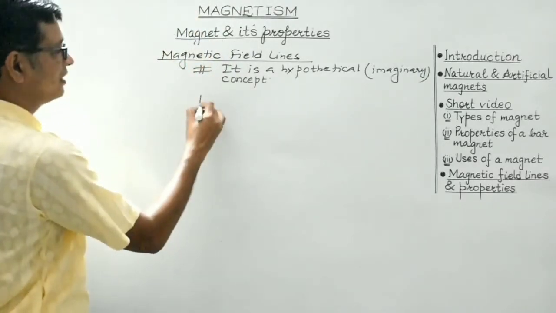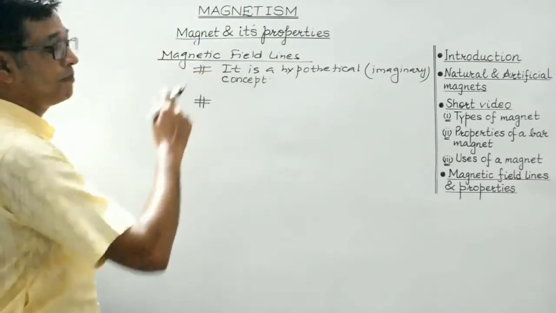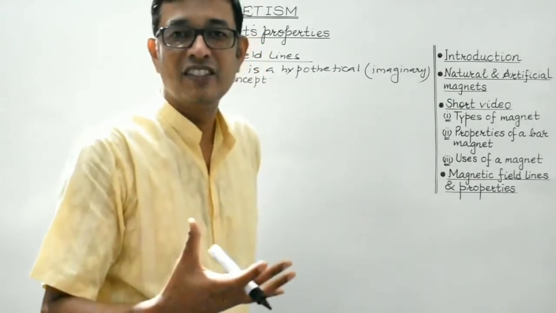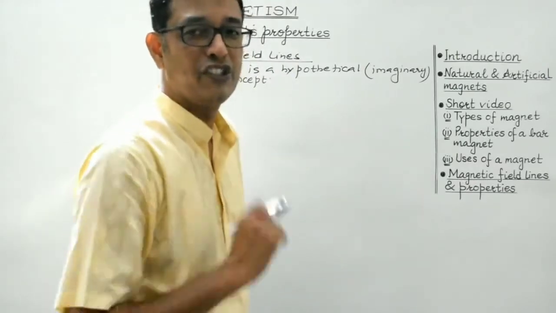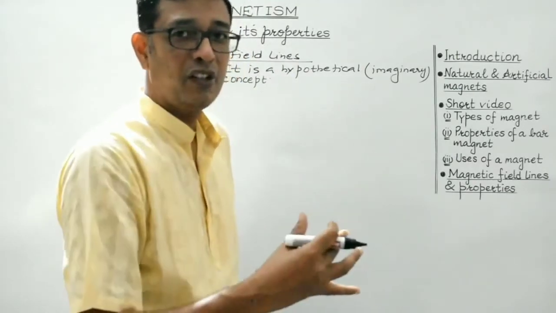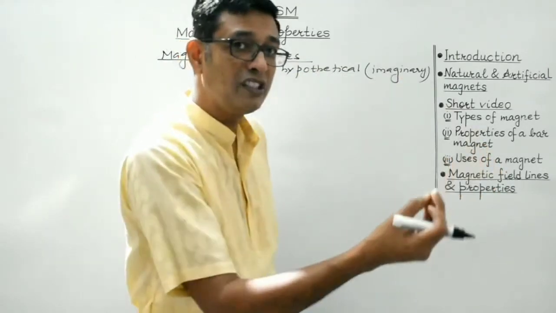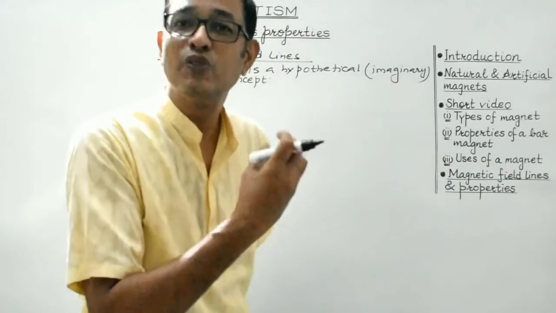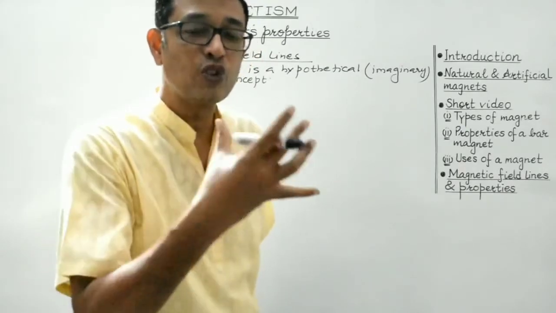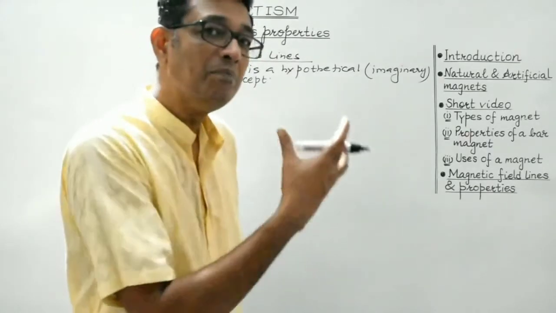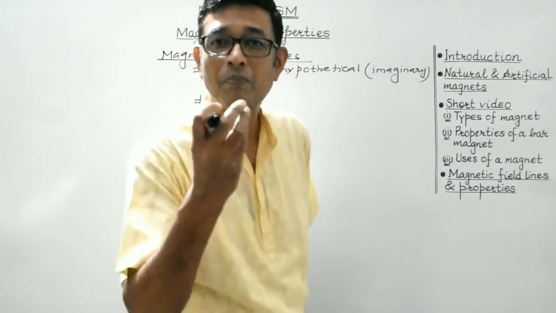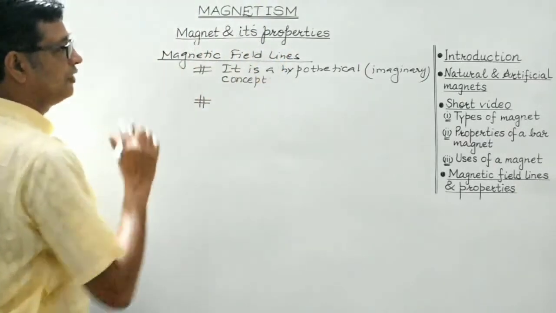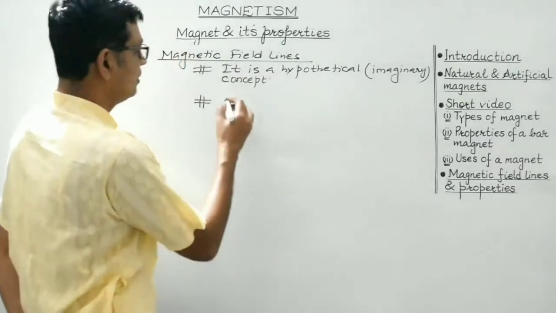The answer lies in the fact that the concept of magnetic field lines has been developed so as to visualize the strength of magnetic field in a given region. In which part of the region the magnetic field is stronger, in which part the magnetic field is weaker, we can visualize by drawing the magnetic field lines with the help of a magnetic compass needle and a bar magnet, right?